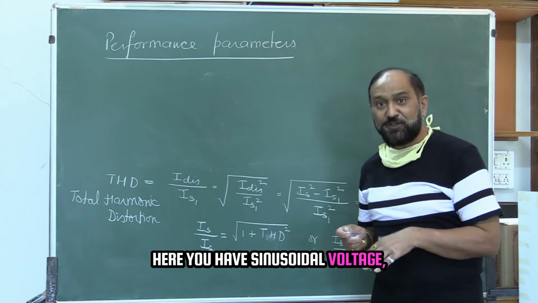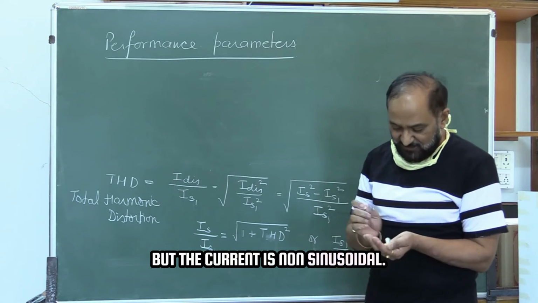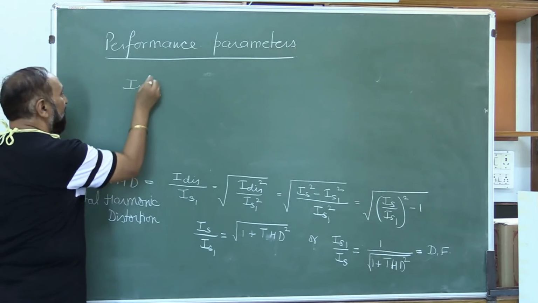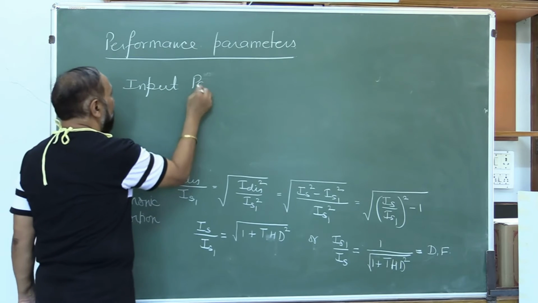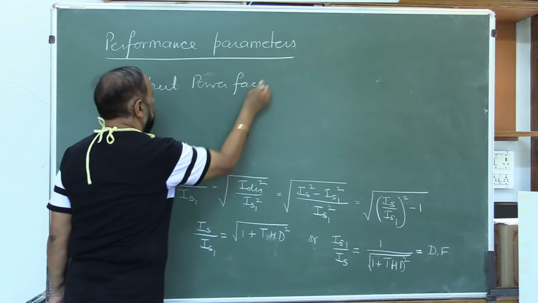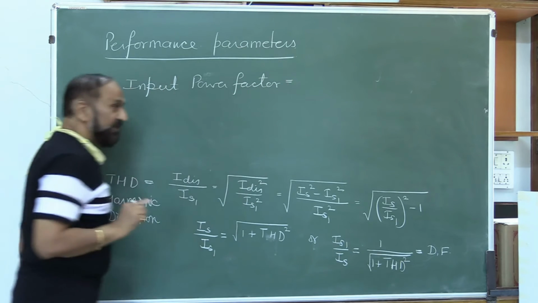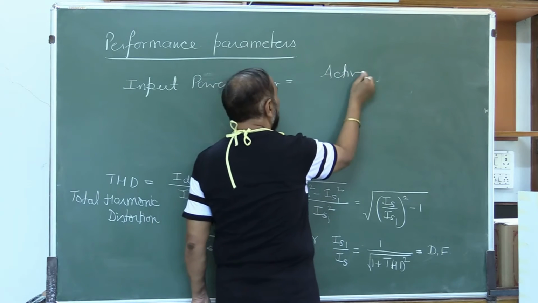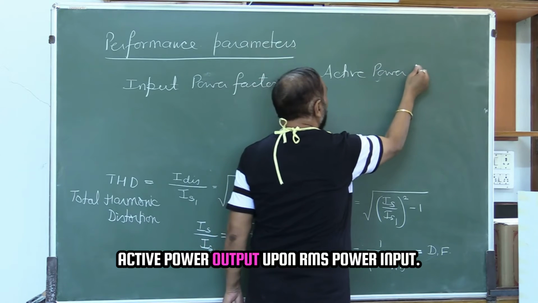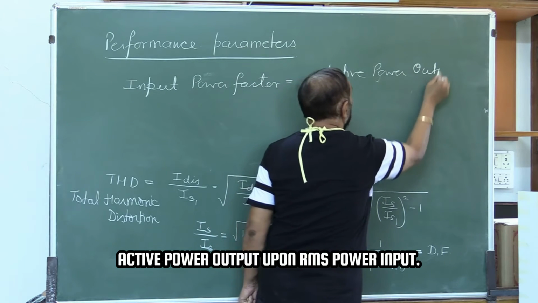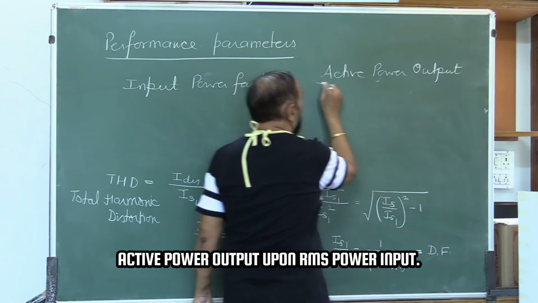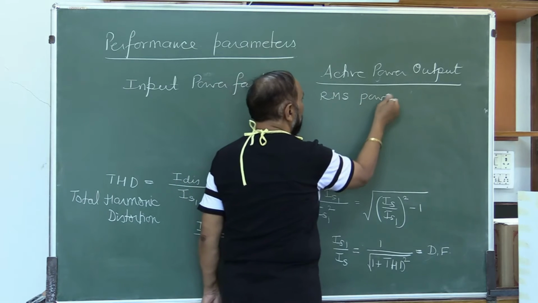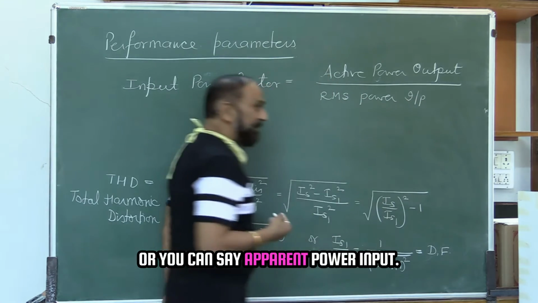Here you have sinusoidal voltage, but the current is non-sinusoidal, and that's why the power factor is defined differently. The basic definition remains the same, and that is active power output upon RMS power input, or you can say apparent power input.